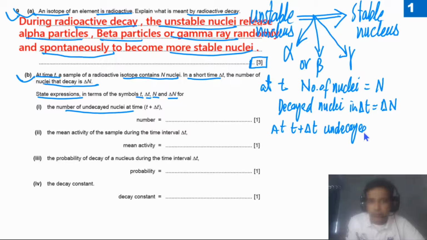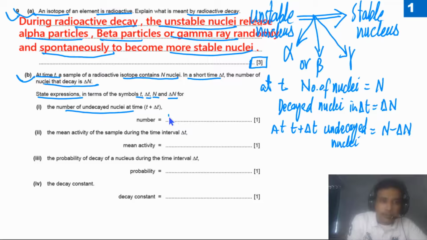We need to find out the undecayed nuclei. So this is simply N minus delta N, because delta N has decayed and initially we have N. So N minus delta N is the number of undecayed nuclei.